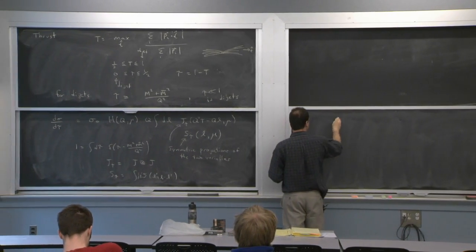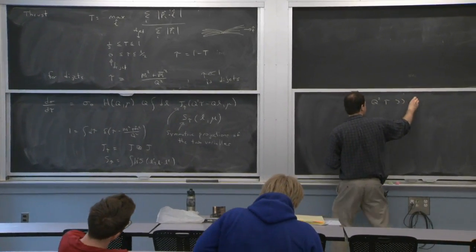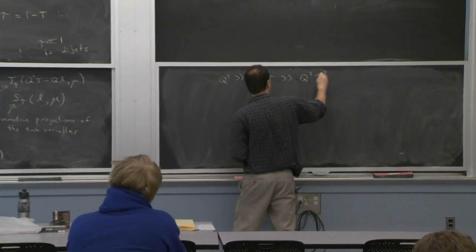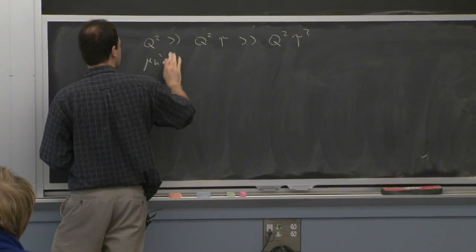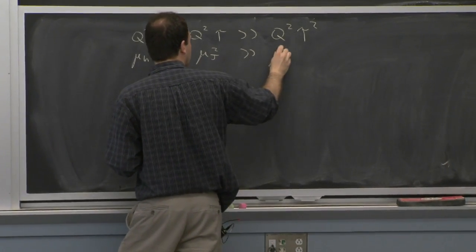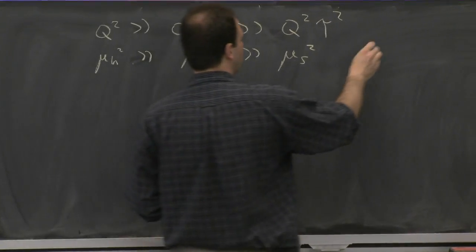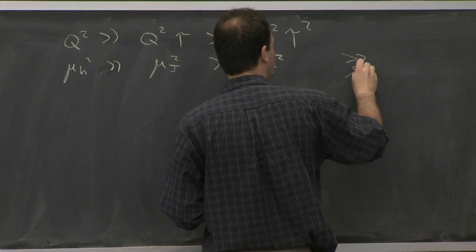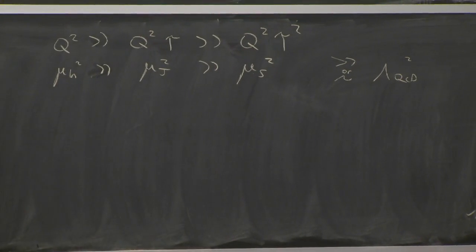All right, so in the thrust case, what we said about masses carries over to a formula like this, where this is mu_H squared being much bigger than mu_J squared, much bigger than mu_S squared, and then that could be much greater than or of order lambda QCD squared.